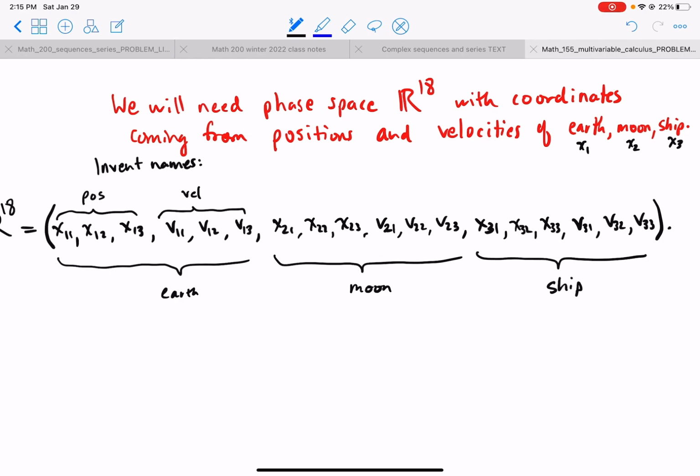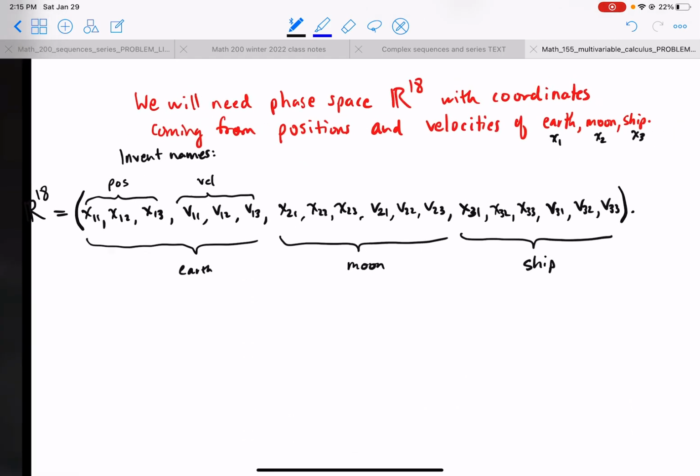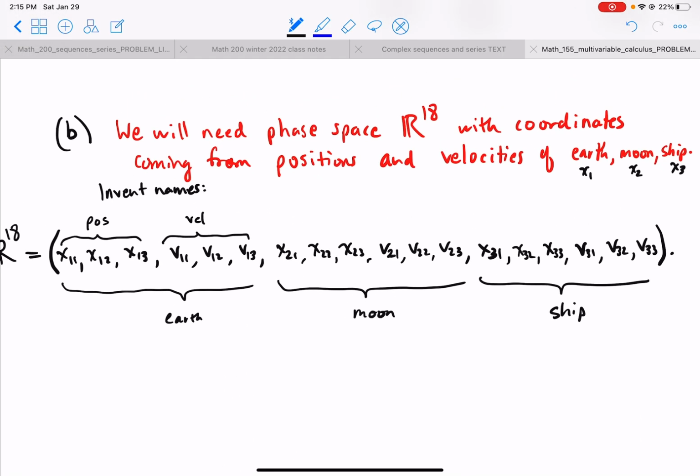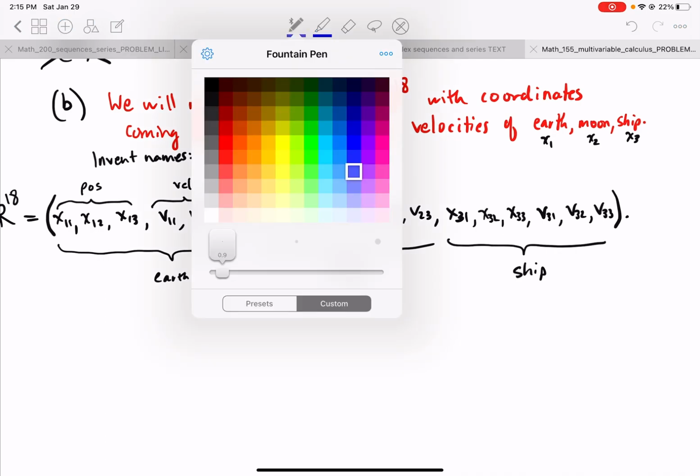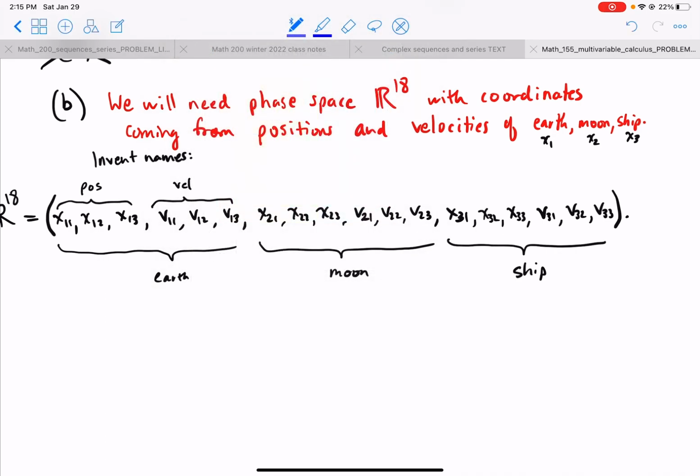Earth, moon, ship. Okay. Now, that's part B, I guess. And I deleted part A. But for part B, I say we need a phase space R18 with the positions and velocities. And why don't I give a little picture? I'll put a picture. So somewhere in three-dimensional space, we have the Earth at x1. We have the moon at x2, and we have the spaceship at x3.